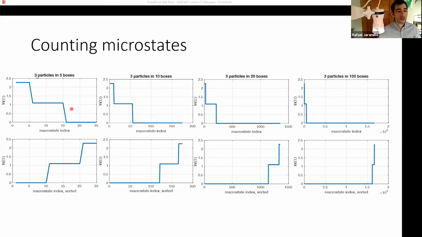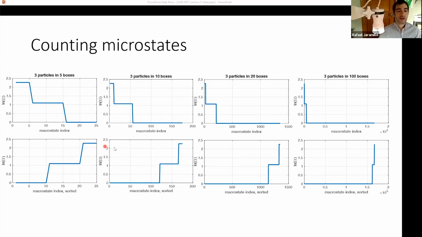With 3 particles in 5 boxes, the log of the number of microstates spends some time around 0. That's 1, right? Log of 1 is 0. So these are conditions for which there's 1 microstate. And then it jumps up and spends some time around 1 point something, and then jumps up and spends some time around 2 point something.